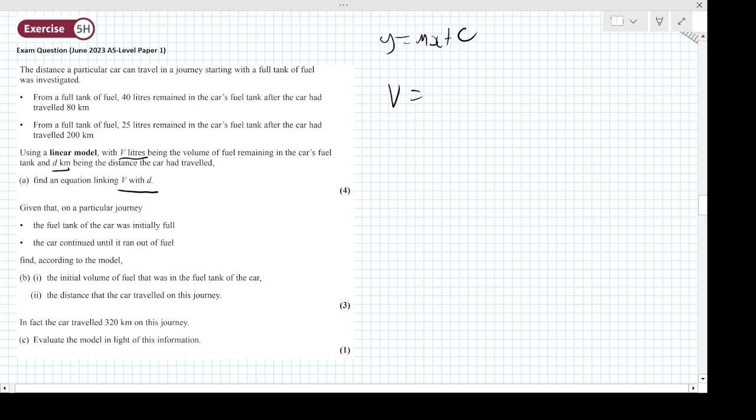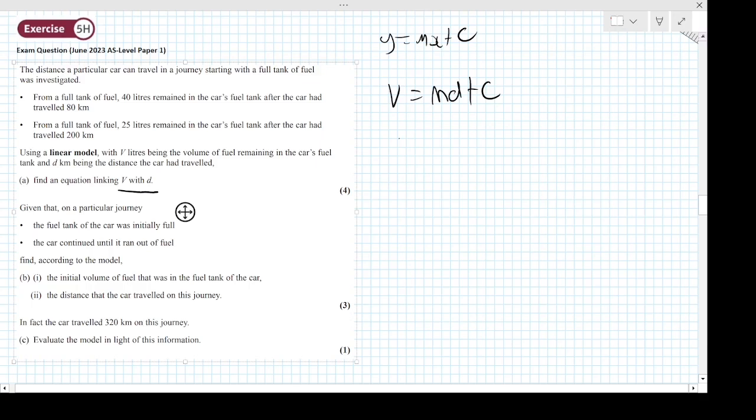And so if it's with D, that means it's going to be MD plus C. But again, M's our gradient and C's sort of a V-intercept, not the Y-intercept, the V-intercept. Also, the volume of fuel is going down after the car travels so far. So that means the volume of fuel is dependent on how much the car's travelled. So yeah, that'll be Y as well.